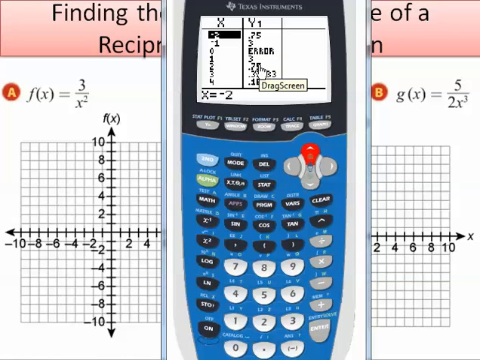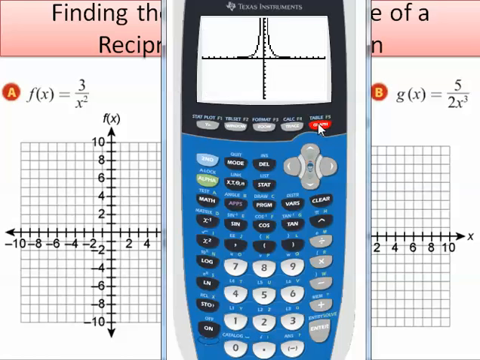And it gets closer and closer to the y-axis at that point. So in this graph, our vertical asymptote would be x is equal to 0. Our horizontal asymptote would be y is equal to 0.